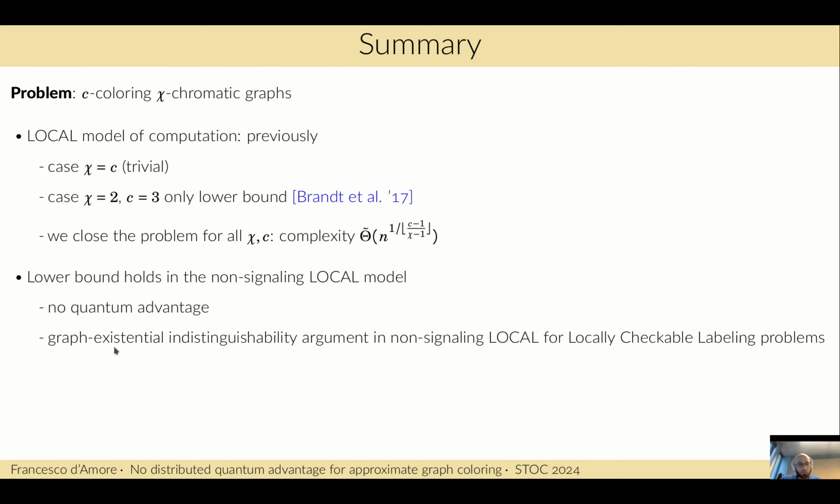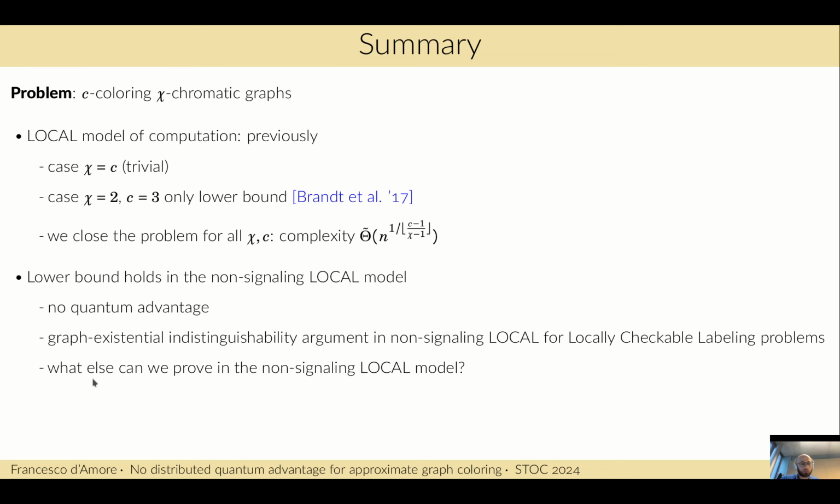And we also generalize the graph existential indistinguishability argument all the way up to the non-signaling local model for a more general class of problems, the locally checkable labeling problems, where coloring is just an example, but many other natural problems belong to this class, such as MIS, maximal matching, and many others.